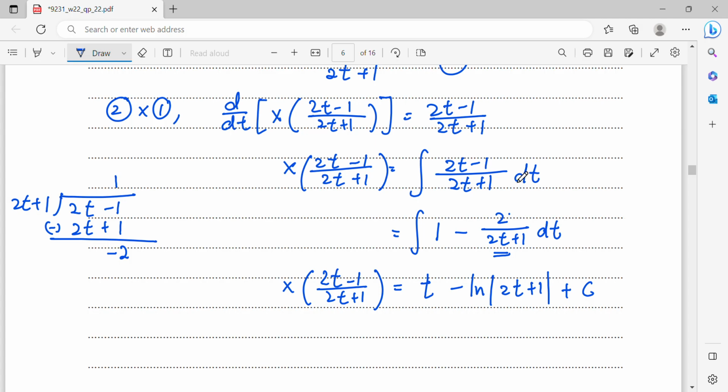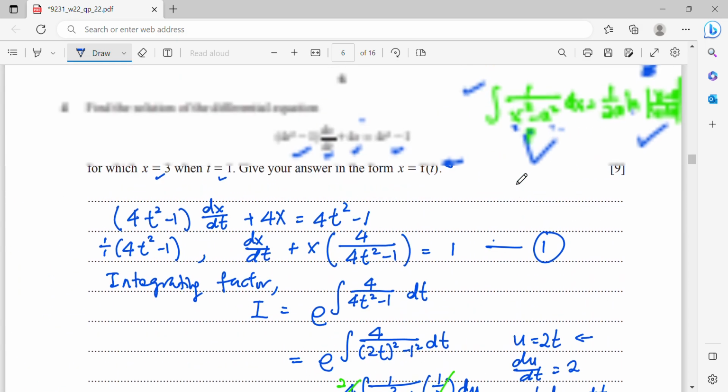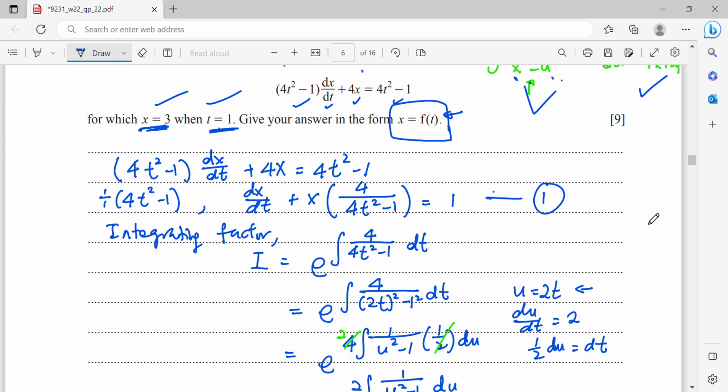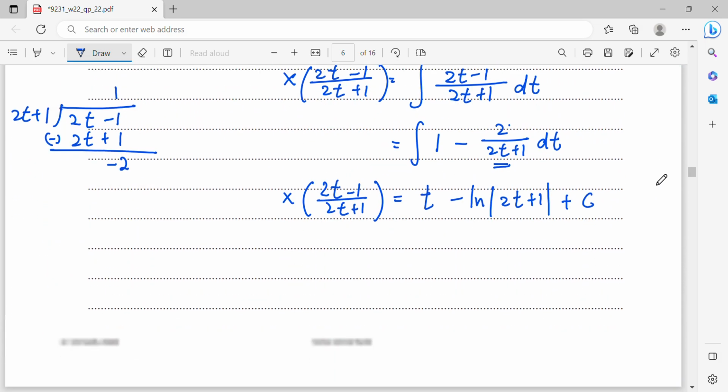Now, you are given x equals 3 and t equals 1. And you need to leave your answer in x equals f of t, which means the x must be the subject. So now, with these two values, x and t, you are expected to find the c, to get the particular solution. So x equals 3, t equals 1.